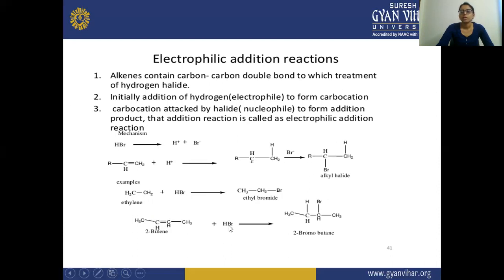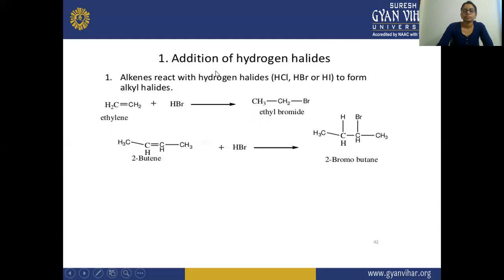Here also the HBr undergoes fission, and it can attach to any of the carbons. The electrophile attacks the second carbon, adding a proton, H positive. After that, the nucleophile attacks the other carbon atom, forming an alkyl halide, and the product is 2-bromobutane.